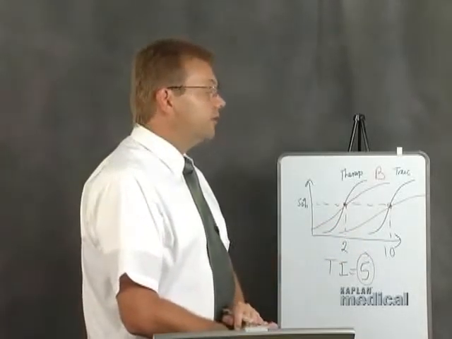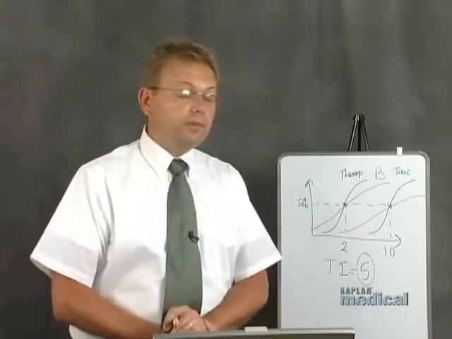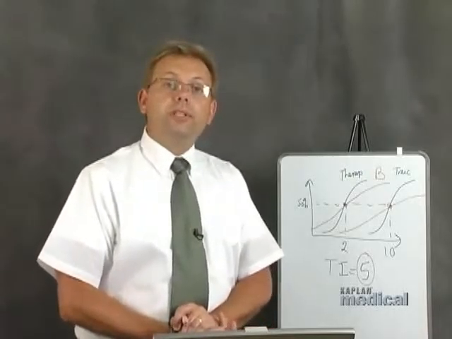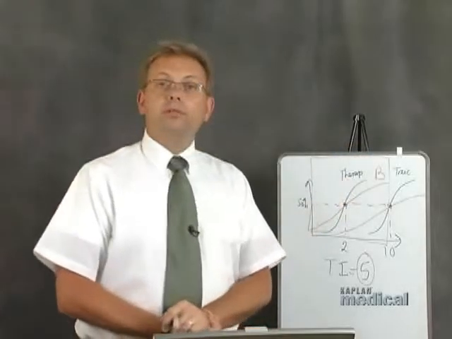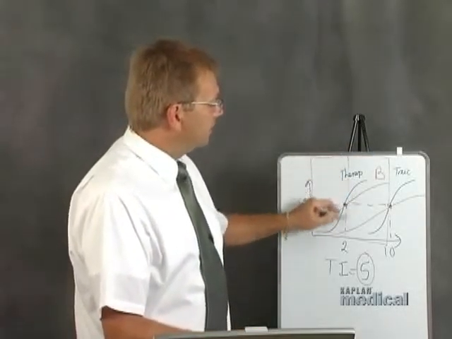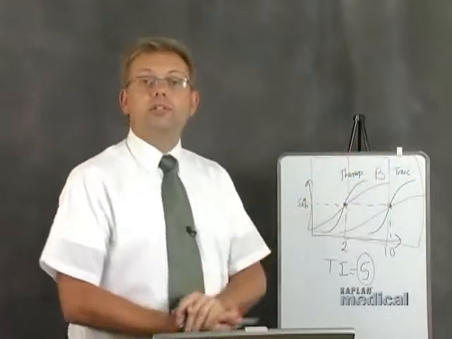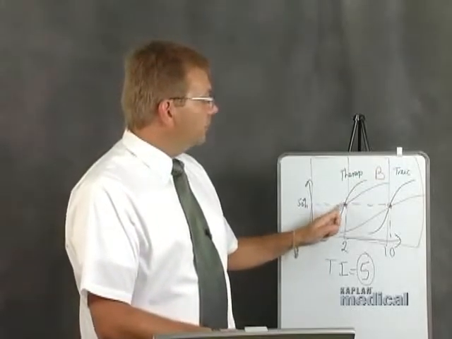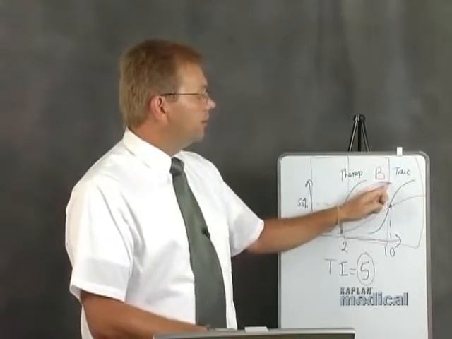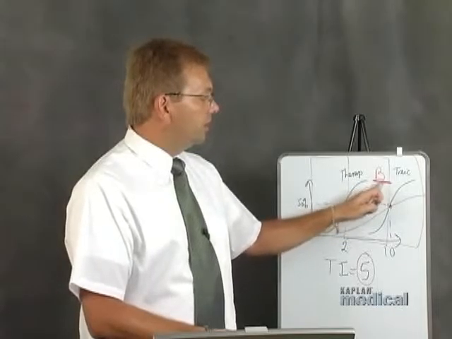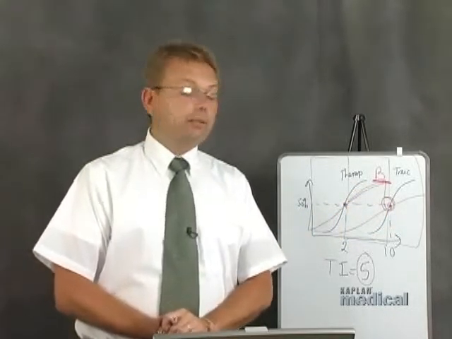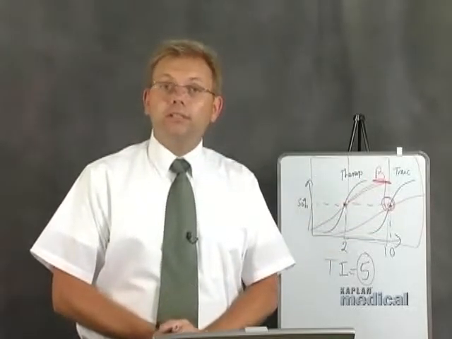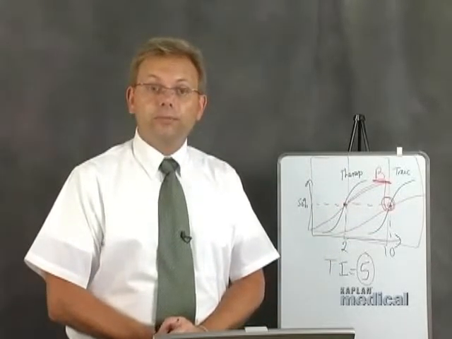Yet, what is the toxic potential of drug B when it's used within its therapeutic range? The therapeutic range of drug B overlaps the toxic range. You notice that if you wanted 100% of your patients to respond to drug B, you would already have 50% of that population or thereabout complaining of toxic responses from that drug.